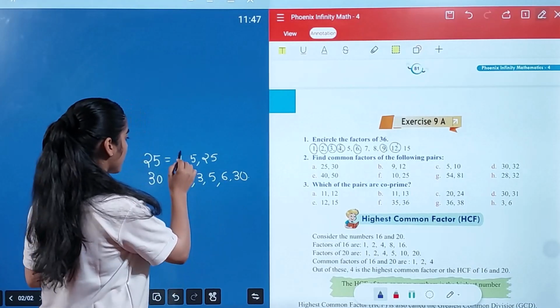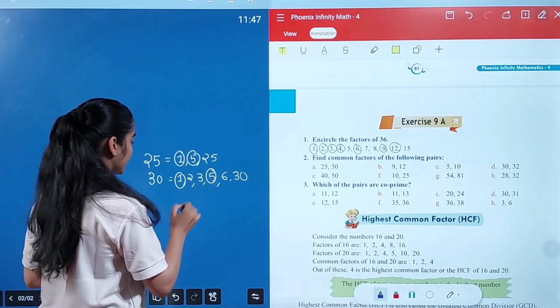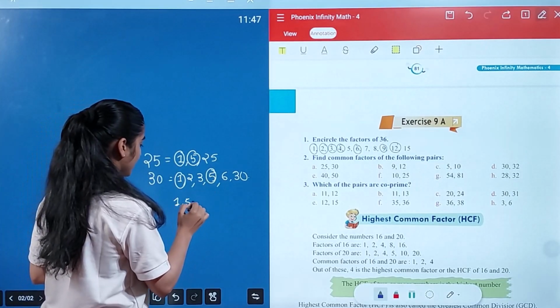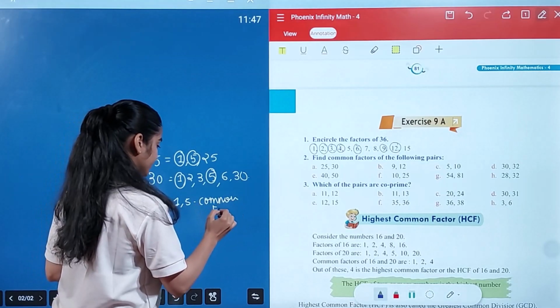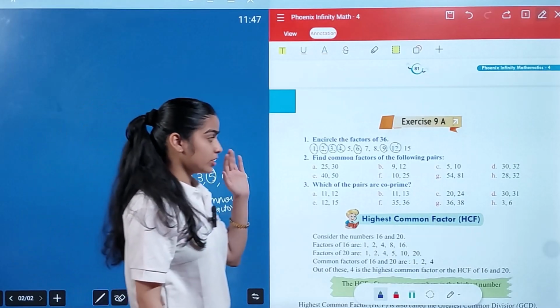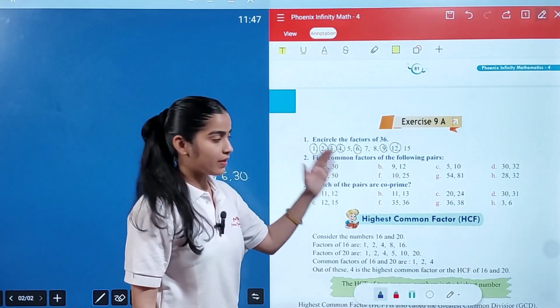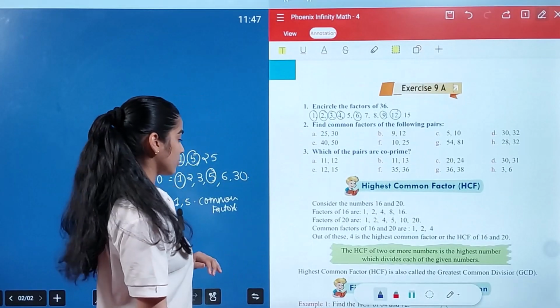So in this we have common factors 1 and 5. In the same way, you have to find the common factors of the rest of the following pairs.